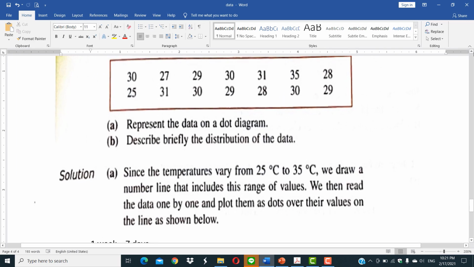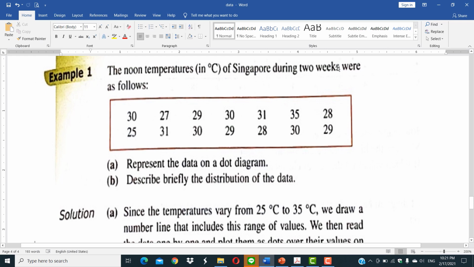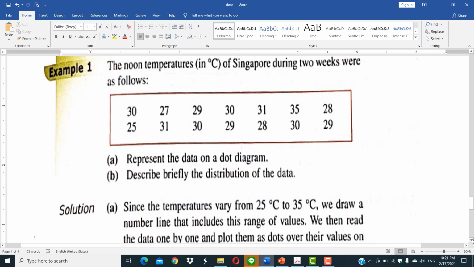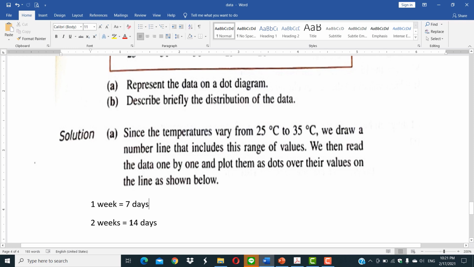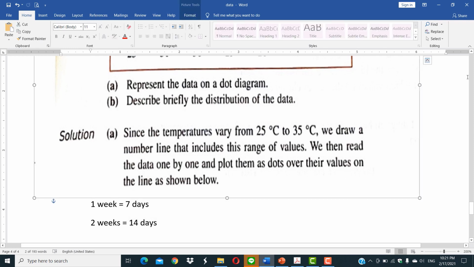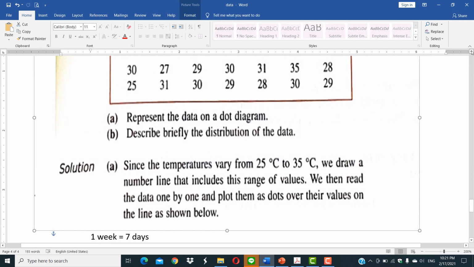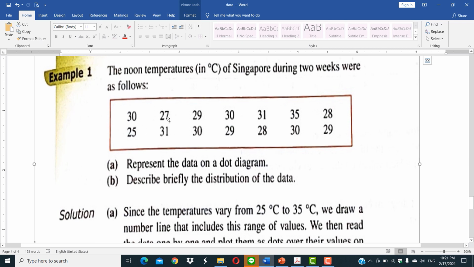So here 1, 2, 3, 4, 5, 6, 7, 8, 9, 10, 11, 12, 13, 14. Total 14 days of temperature of Singapore.